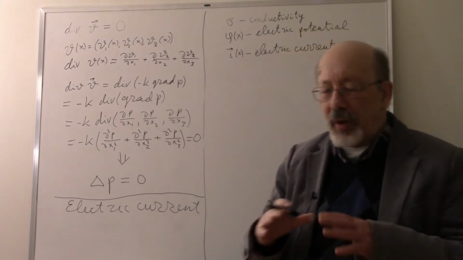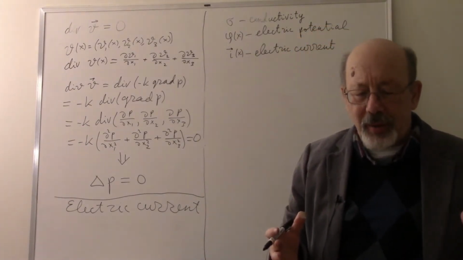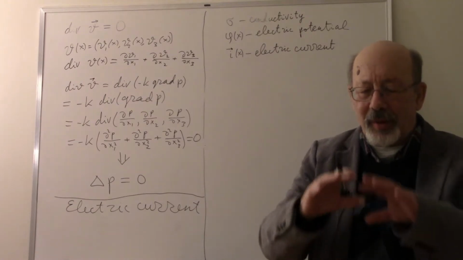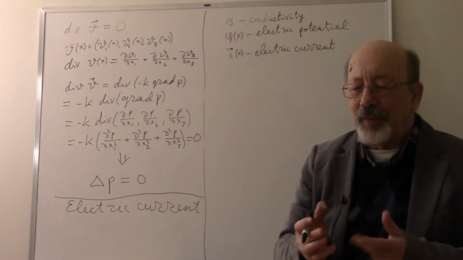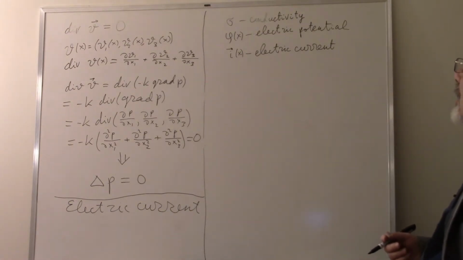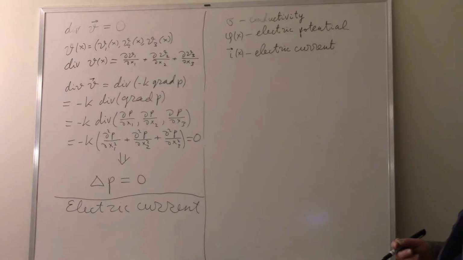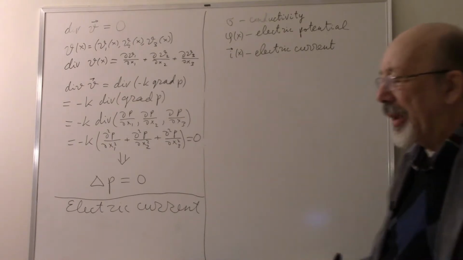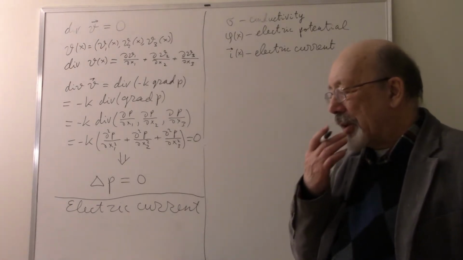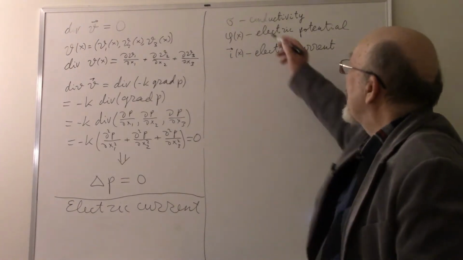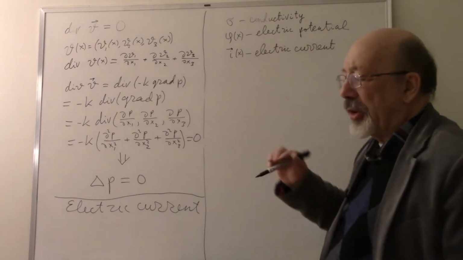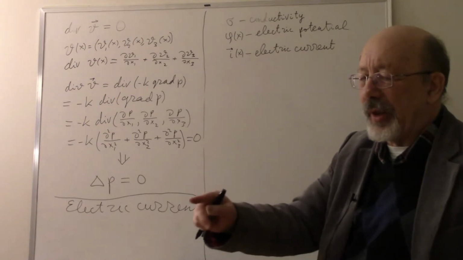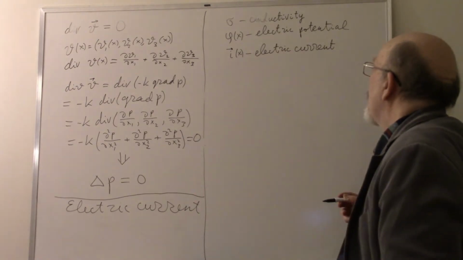So if we are inside this thick piece of conductive material, it can be metal, it can be some semiconductor, something like this, it has some conductivity, and the electric current is a vector field, where the charge is flowing.